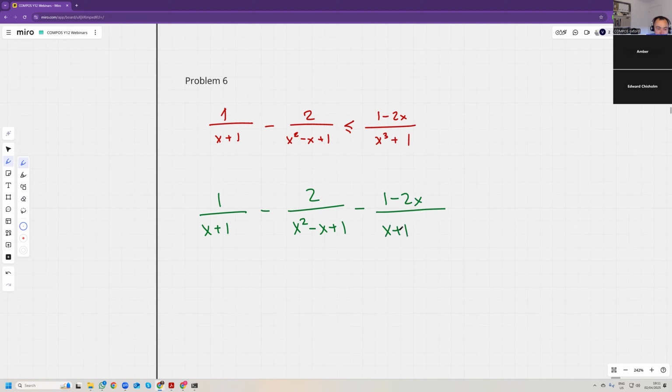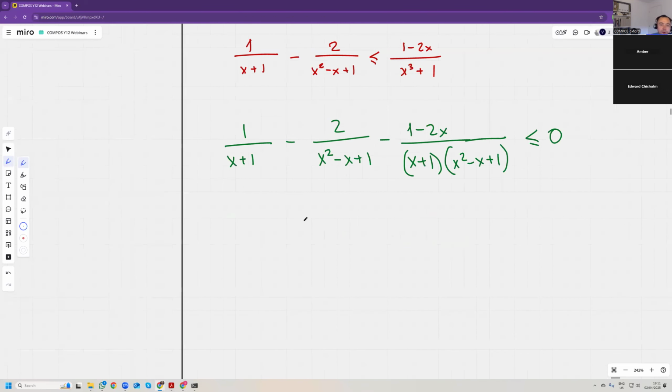You can factorize this, and this becomes x plus 1 times x squared minus x plus 1. You can verify that this is true by yourself if you're not familiar with the sum of cubes formula.